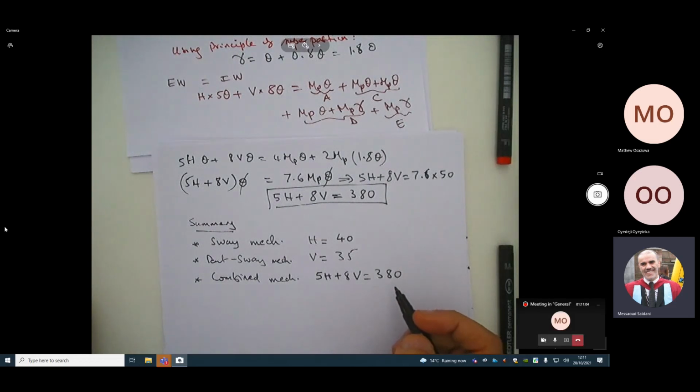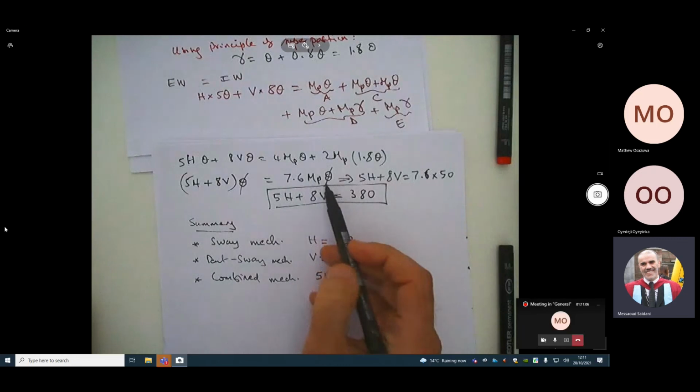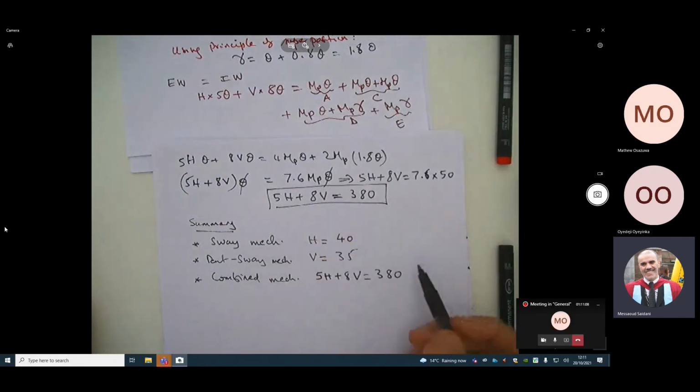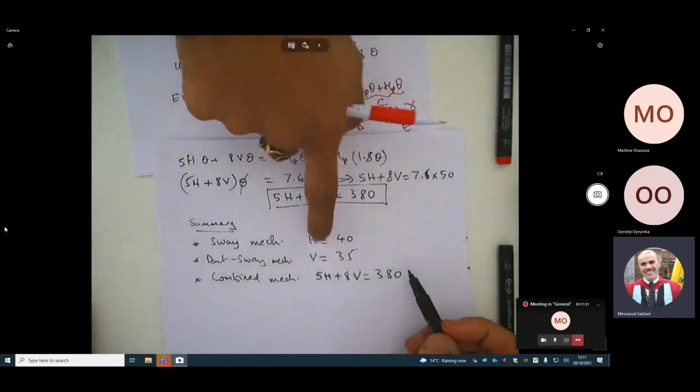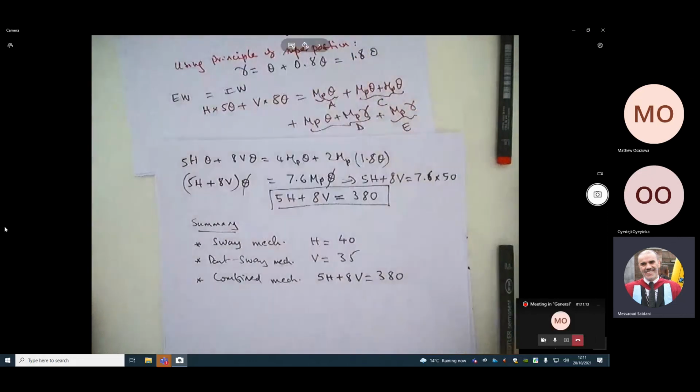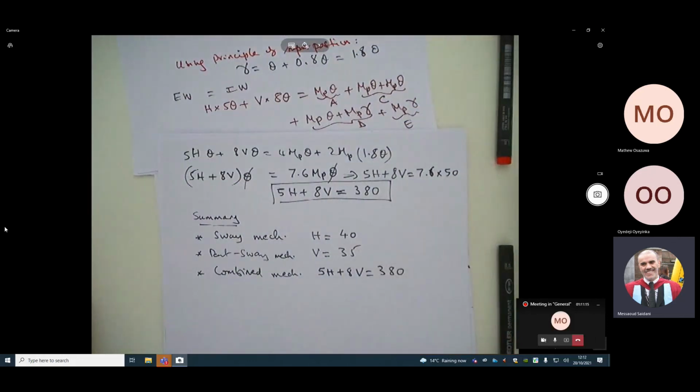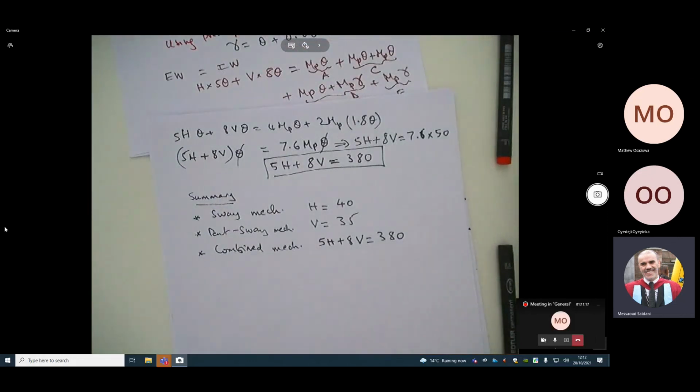They put in the values over here. Why put these values? No, they are completely different mechanisms. You cannot do that.